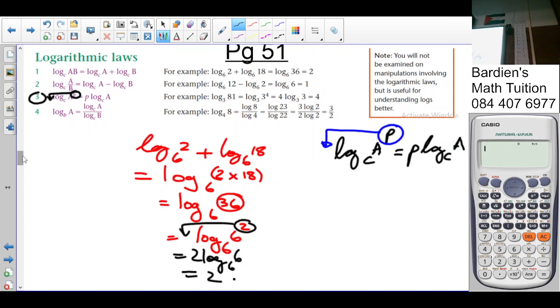Just need to play around with this. Now these log laws can be proven, people. You can prove all those laws, but you don't need to prove it. First year university, they prove this for you. For now, we're just doing a little application of it.